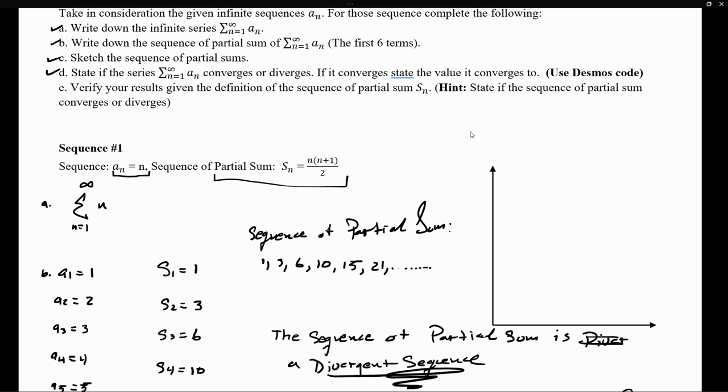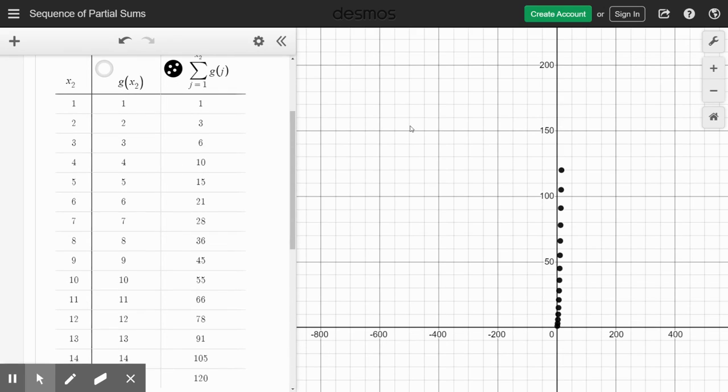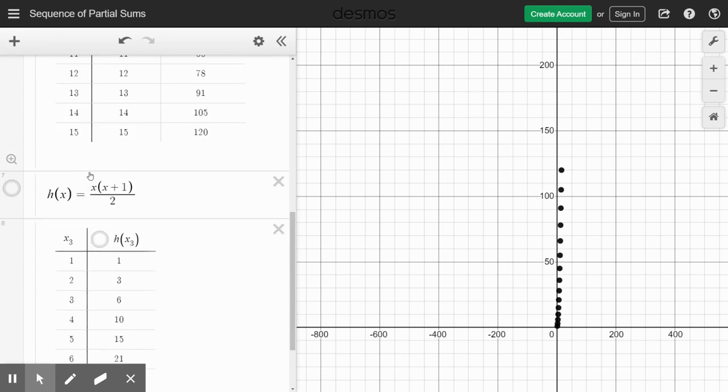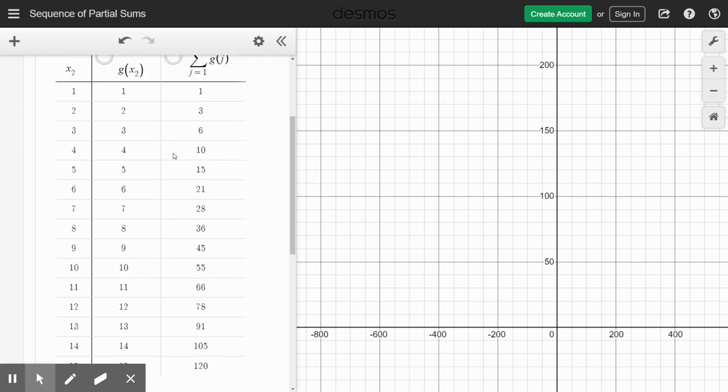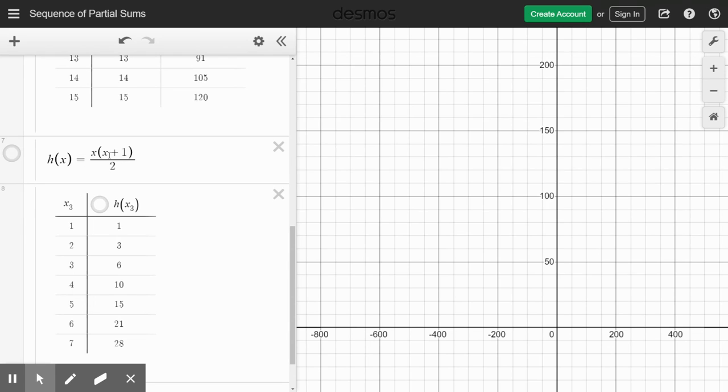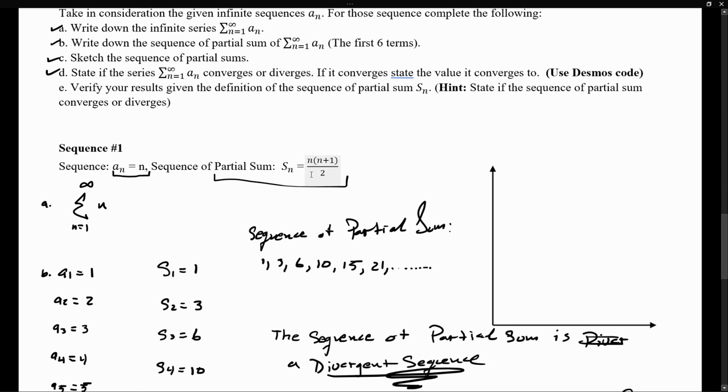All we want to do is see whether the sequence of partial sums actually gets us the values of the partial sums. Well, I don't know, let's graph it. So if we scroll back here, we have the expression n(n + 1)/2. So that is the sequence.